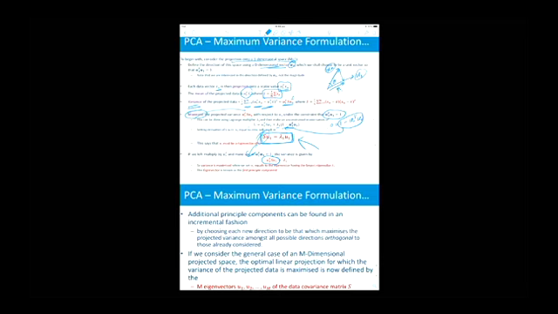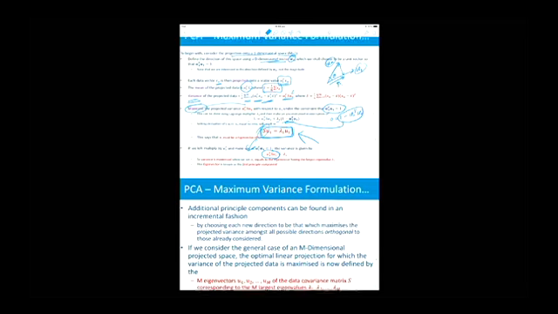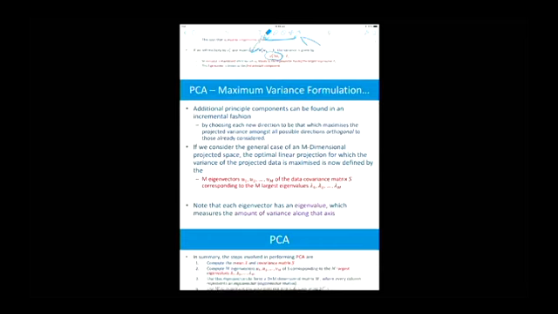Okay. So when you extend it to the multidimensional case, you simply find the eigenvalues and eigenvectors of the covariance matrix, and you can select those eigenvectors that have higher eigenvalues as the principal components. Okay.